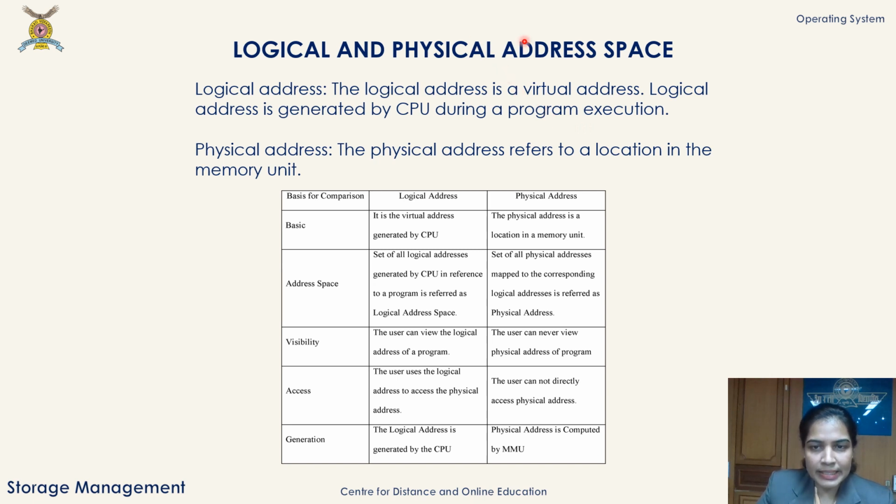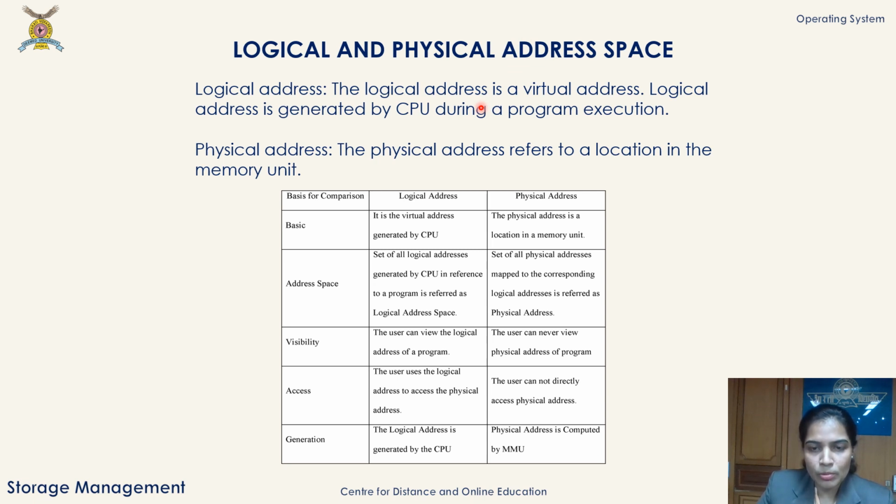It is virtual and does not exist physically. This address is used as a reference to access the physical memory location. The set of all logical addresses generated by the program is called the logical address space.